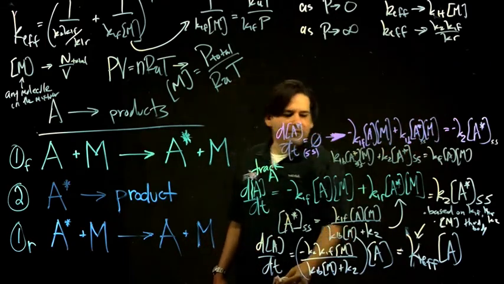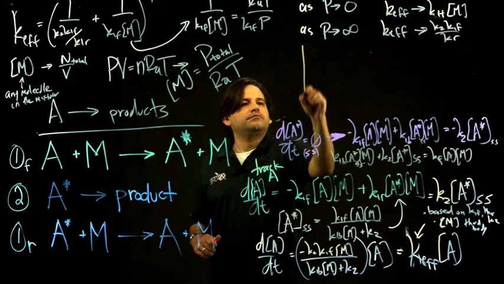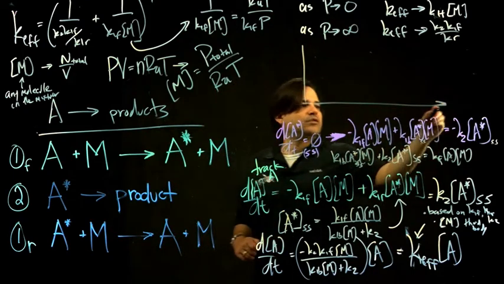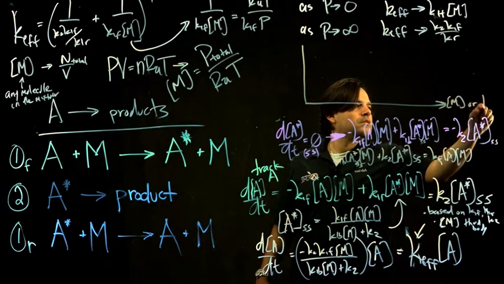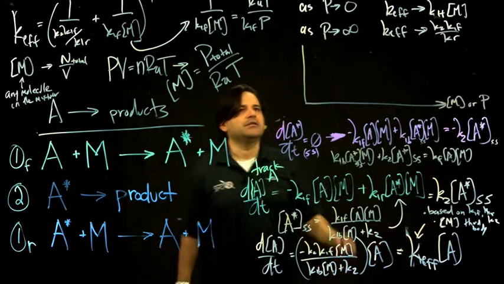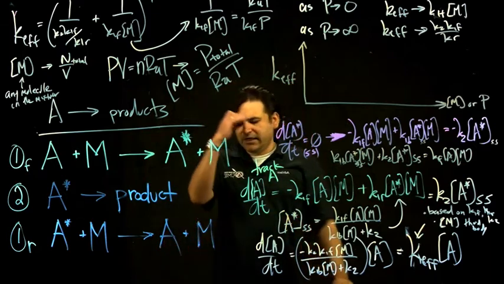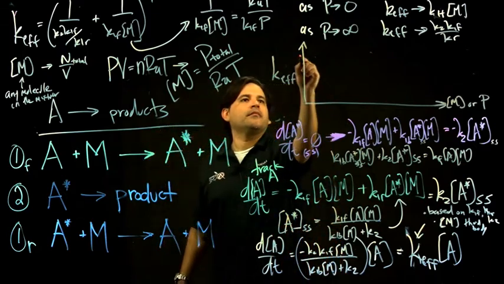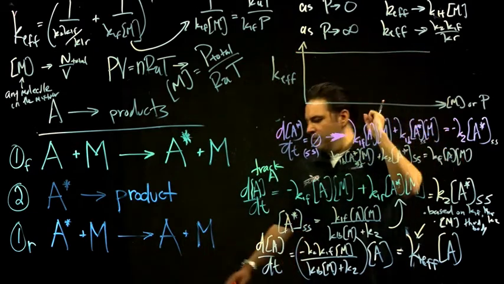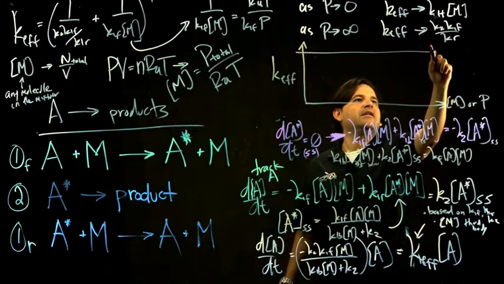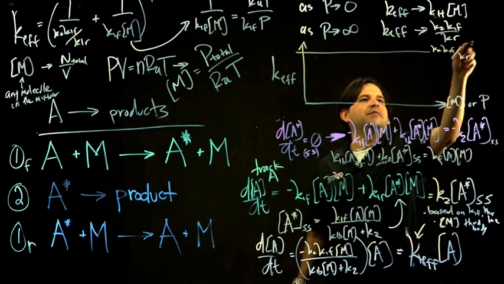Assuming the steady state, you get this effective rate constant for A, and if you were to plot this with pressure, which is related to the concentration, the effective rate constant has two limiting cases. This is the line for infinity, where you would just get K2, K1F, you would have this limit.